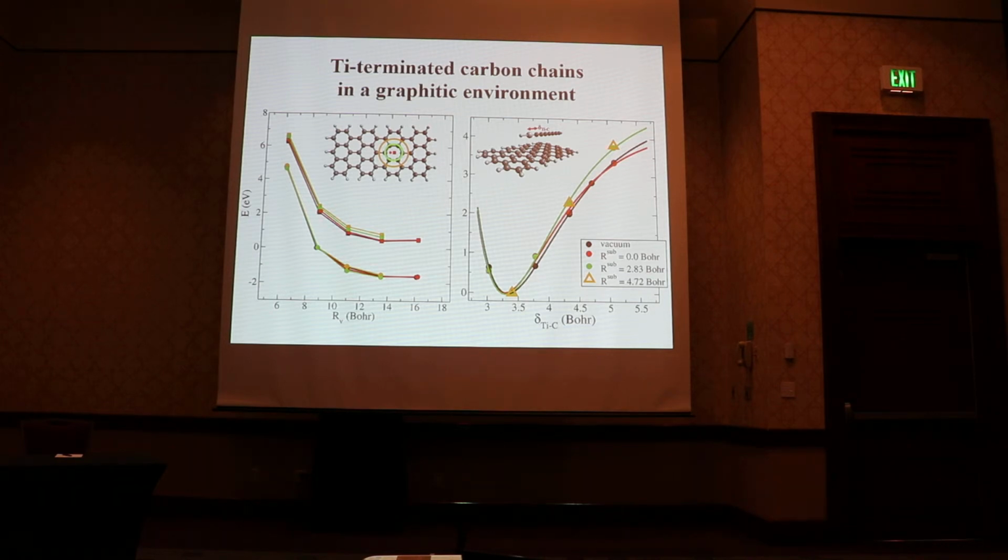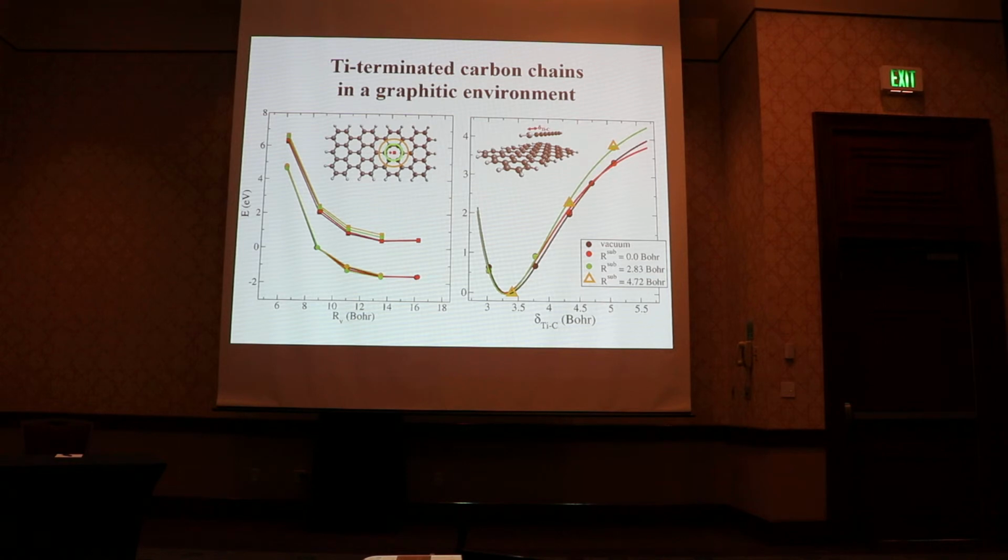This is the full potential energy curve. What we're doing is we're keeping the height of the chain above the ribbon the same, and we're just varying the bond length. And it's a little hard to follow this in this short talk, but this green curve here with the big symbols on it is basically showing that we've essentially converged with respect to these cutoffs in the substrate.